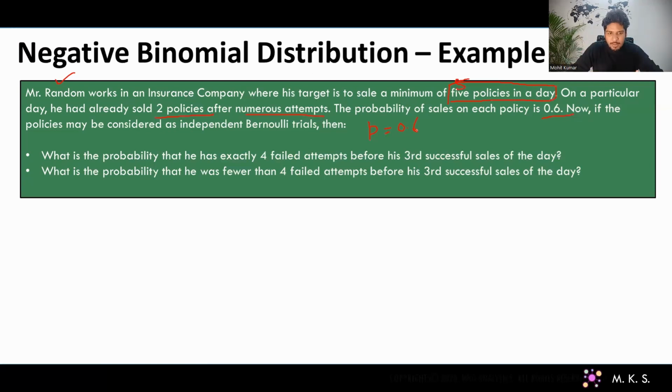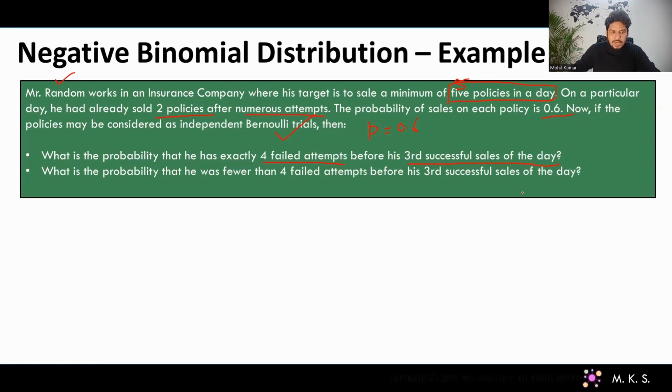Whenever you approach someone to sell a policy, the probability of success remains the same, and there are 2 possible outcomes: the policy will be sold or not. Every time the person tries to sell a policy, that's a trial, and we can call them Bernoulli trials. Now the question is, what is the probability that he has exactly 4 failed attempts before his 3rd successful sale of the day?